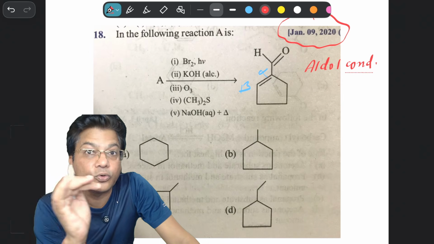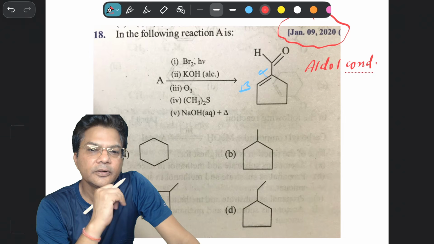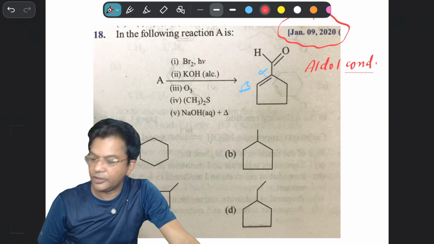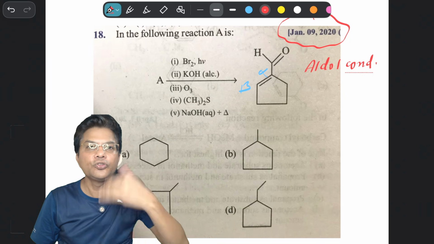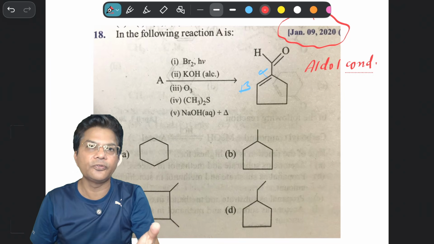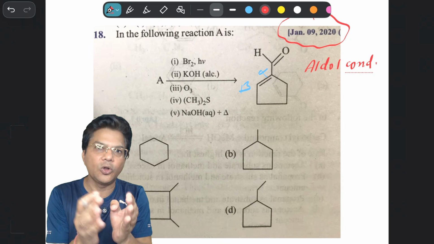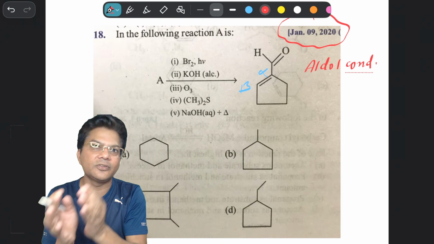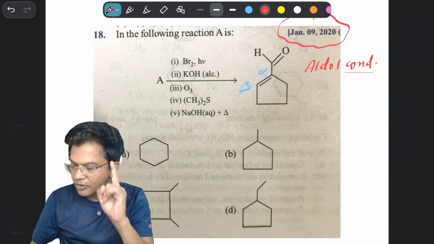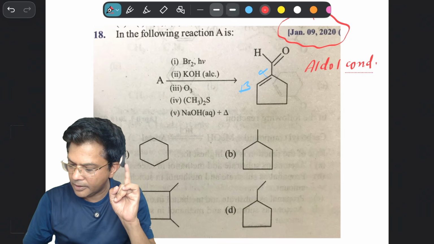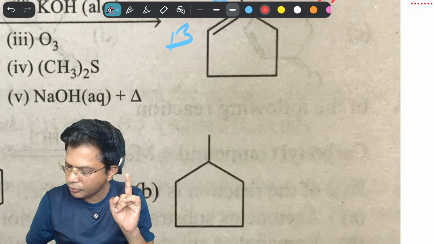You should know how to go back. So definitely you should start with what should be the reactant of this aldol condensation, means whose aldol condensation must have taken place to get this product. So how to get it? Remember that. How to go back?